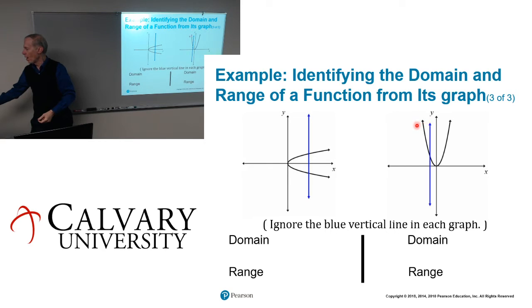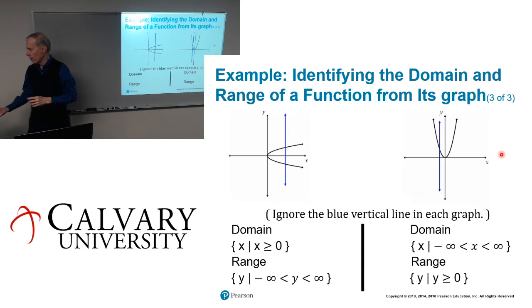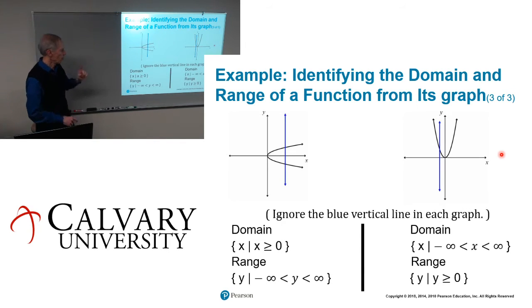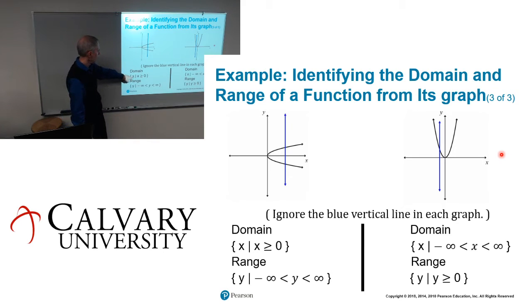Notice that these y values keep on going infinitely higher, but the y value itself does not extend down any lower. So to think of the domain and range, for the first one, the domain is a set of all x such that x is greater than or equal to 0.